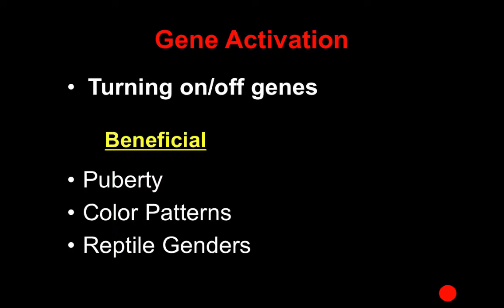And reptile genders. You may not know this, but the temperature that the eggs incubate under actually determines their gender. If it's really cold, you'll end up getting a lot more females, because female babies are more likely to survive, and so that helps the reptiles have more babies survive.